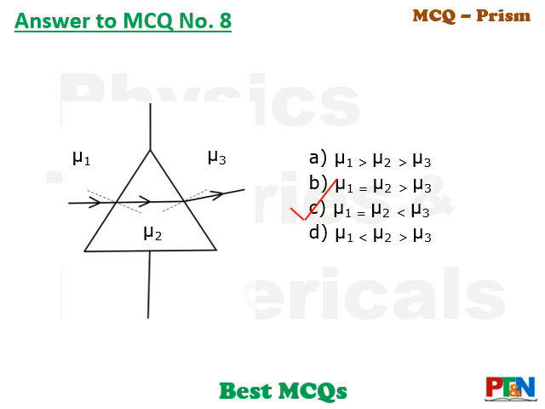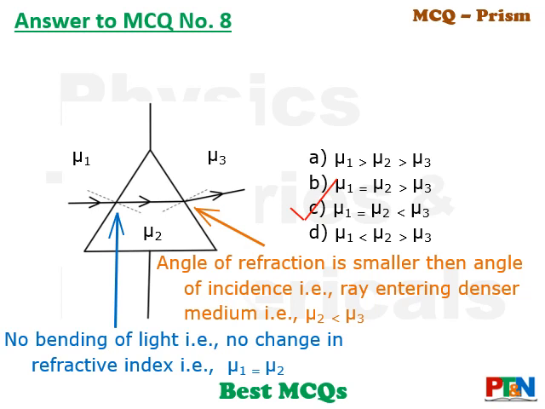Let's understand. See, the refraction in the first refracting surface, there is no bending of light. That means there is no change in refractive index, that is mu1 is equal to mu2.